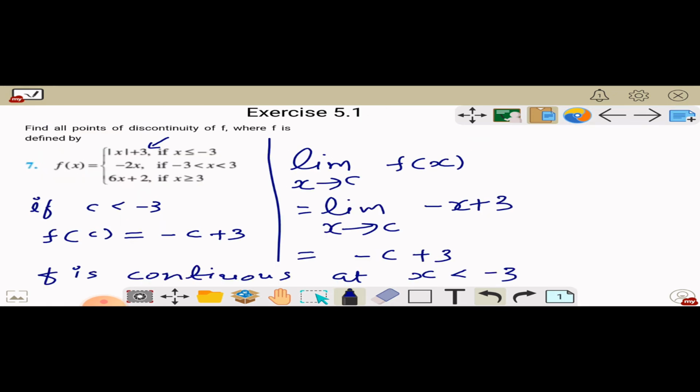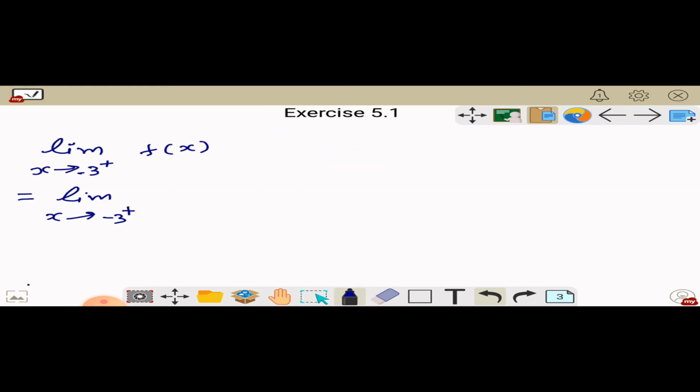So let me check it. Whenever x is greater than minus 3, our function is minus 2x. So let me write it here, minus 2x, which is equal to minus 2 in the bracket minus 3, which is equal to 6.